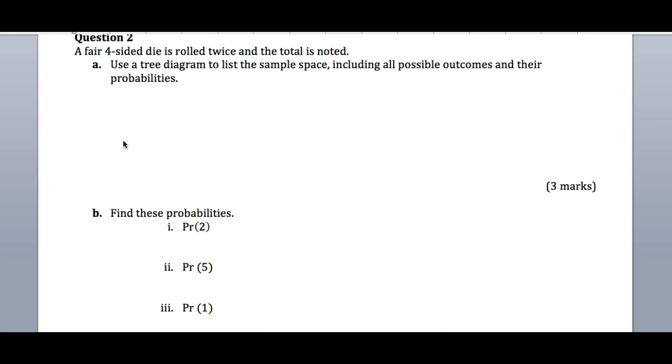Good. Question 2. A fair four-sided die is rolled twice and the total is noted. Using a tree diagram, list the sample space, including all possible outcomes and their probabilities. Okay, tree diagrams can be very, very messy, especially if I'm trying to do it.